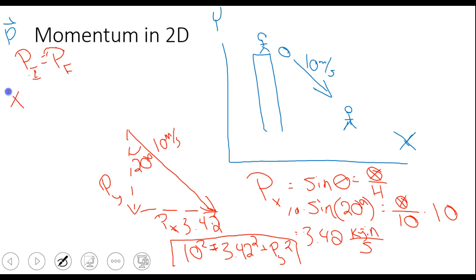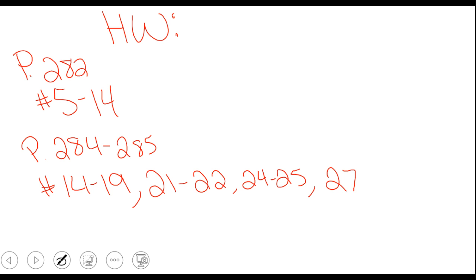So for the x component, the initial x component of the momentum equals the final x component of the momentum, and the initial y component of the momentum is equal to the final y component of the momentum.